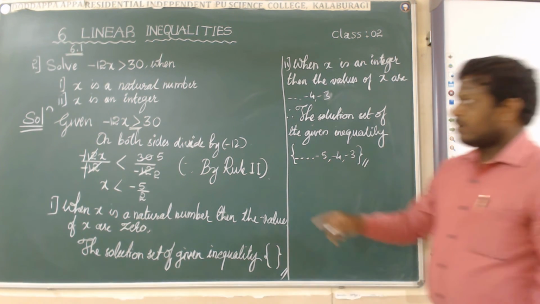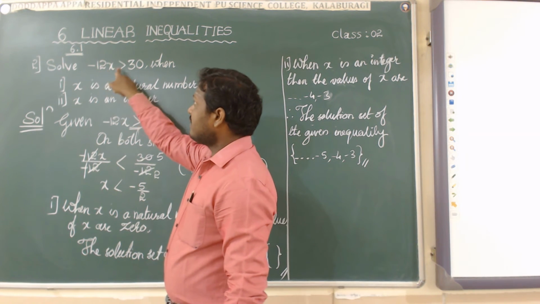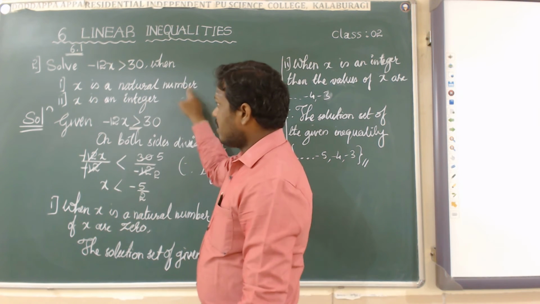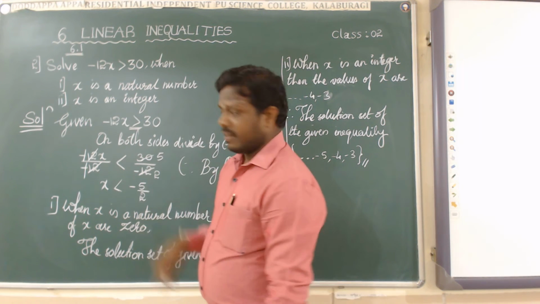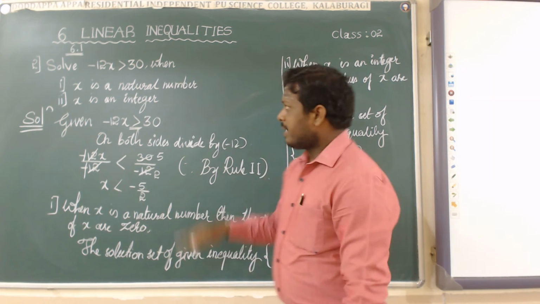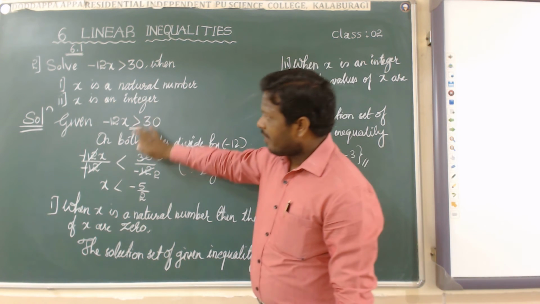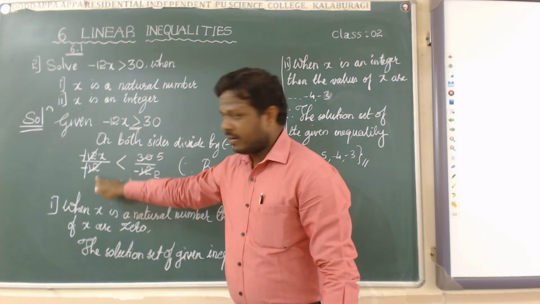See here. What is the given question? Solve minus 12x is more than 30, where x is a natural number and x is an integer. By the help of rules of inequalities, we have to simplify this up to getting the coefficient of positive 1.